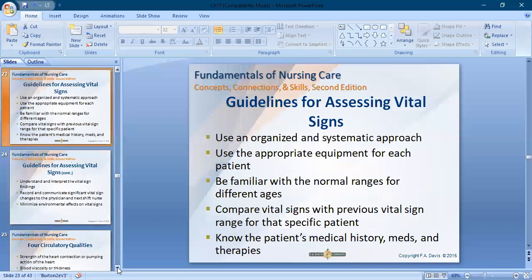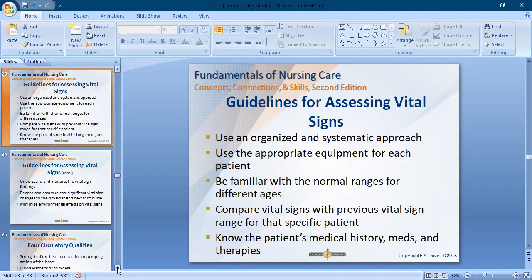So some guidelines for assessing the vital signs. Basically, use an organized and systematic approach. Use appropriate equipment for each patient.